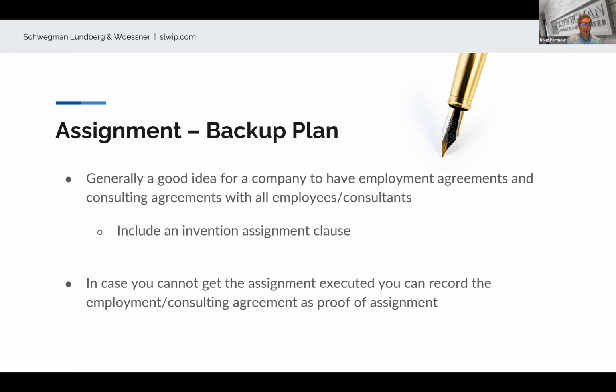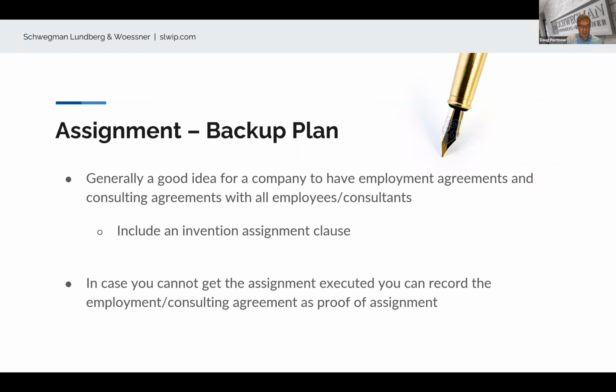Basically, it says that you've been hired to invent and the company owns any inventions that are related to your job function. So if you can't get the actual inventor to execute the assignment form, you can often record these employment or consulting agreements and demonstrate that there is assignment. So that's kind of a backup plan.